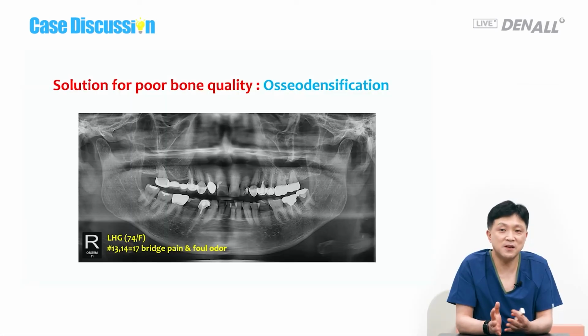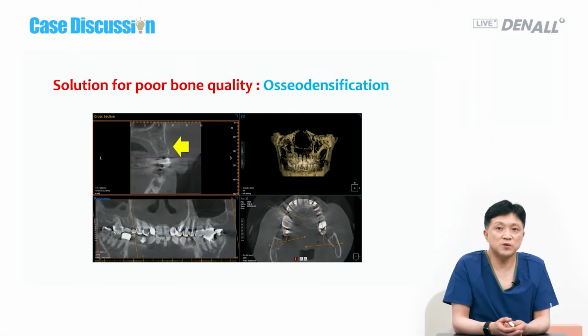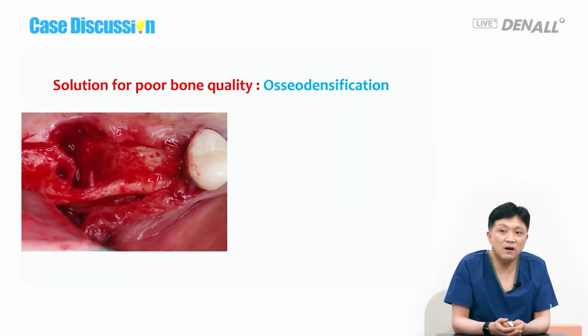A 74-year-old female patient. The bridge over 13, 14, and 17, there was pain and foul odor. At number 15, the bone is not very good. This is a typical old people's trabecular bone pattern. I expected initial stability would be poor. The bridge is cut at 5, 7 is extracted, it is opened.